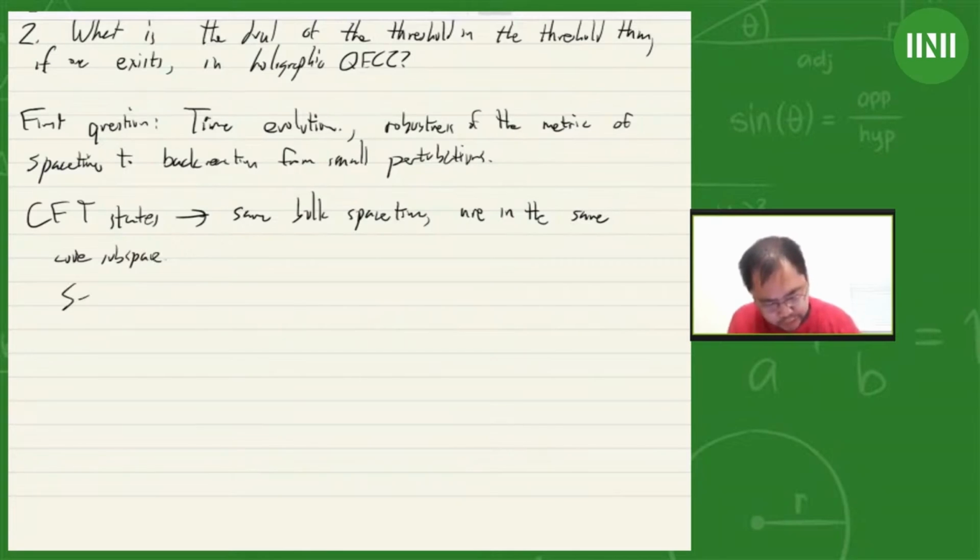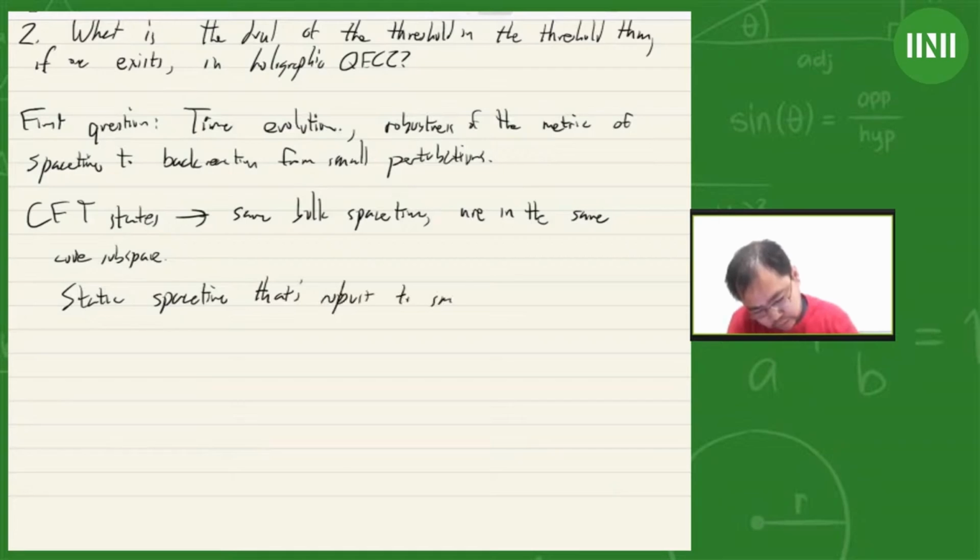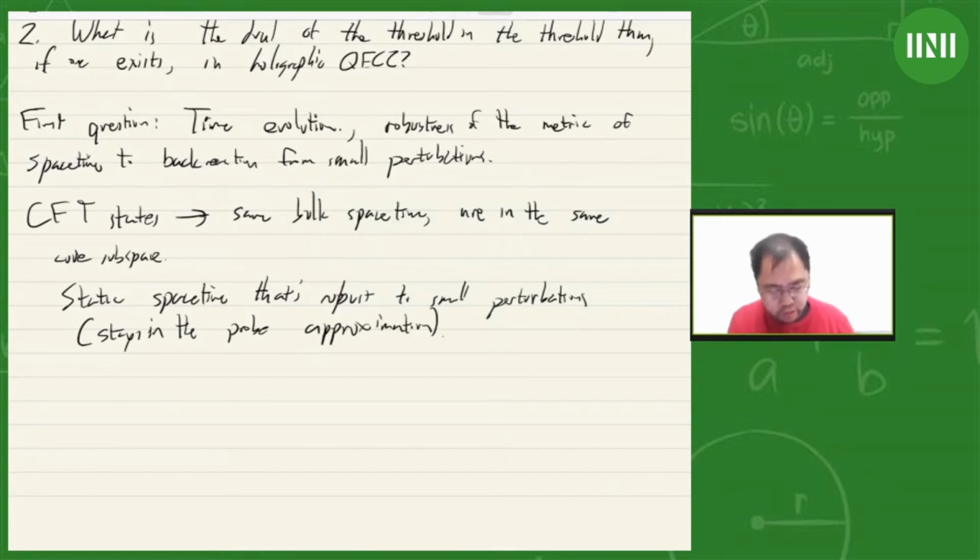And so if you have a static spacetime that's robust to small perturbations, like in GR language stays in the probe approximation, that means that whatever things are corresponding to those small perturbations are not taking your state out of the code subspace, which is exactly what you want in quantum error correction.